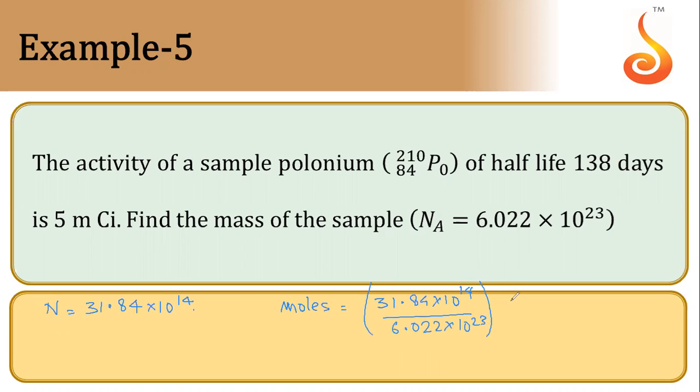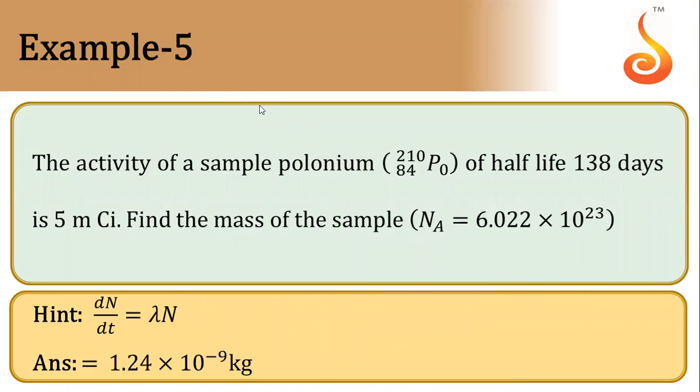And how do you find the mass of the sample? You have to multiply with the atomic mass, so into 210 grams. To convert gram into kg, you have to multiply with 10 raised to power minus 3. On solving this one, you will get mass as 1.11 into 10 raised to power minus 9 kg. So that will be our answer.